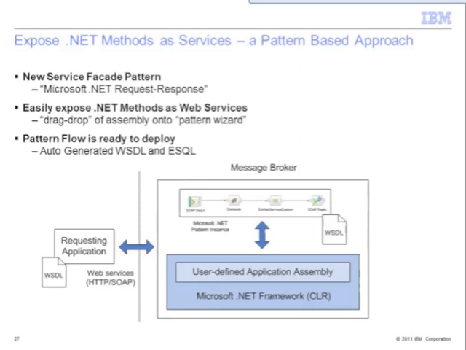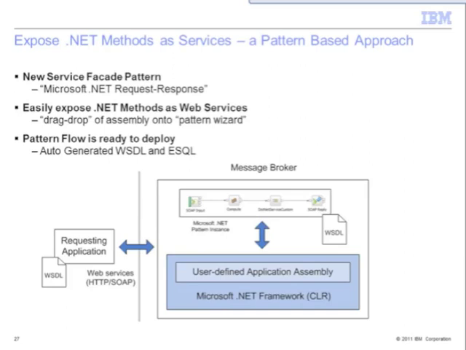Another facility that we have in Message Broker is the ability to have a pattern that generates a web service that exposes a facade around a set of .NET methods. This is a new pattern to provide a service facade around a Microsoft request-response scenario.